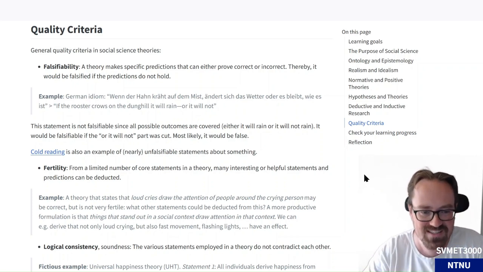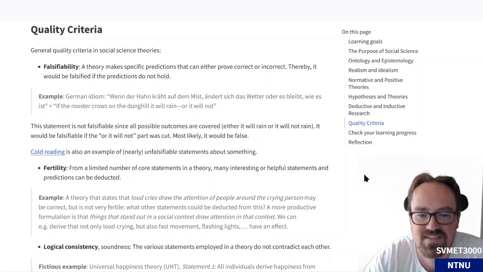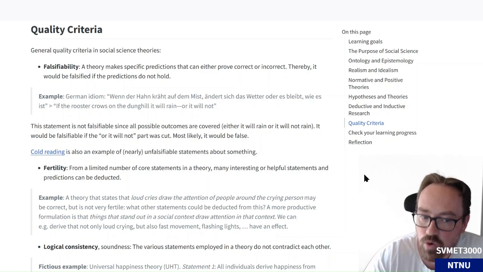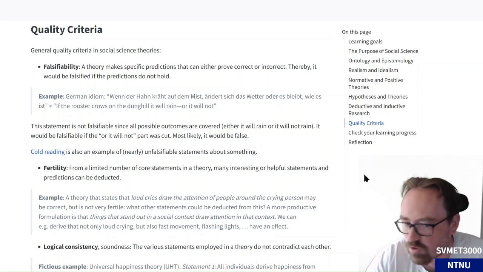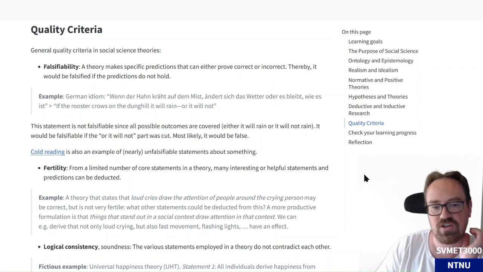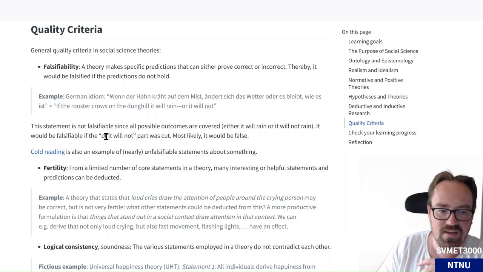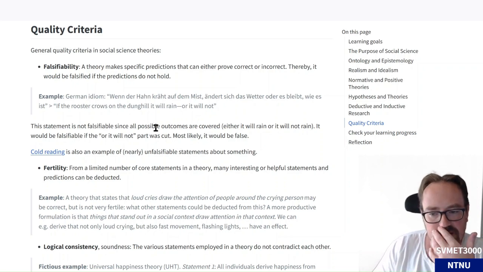You will easily recognize that it covers all possible predictions and so has no information value. We see the rooster crowing on the dunghill and still don't know if it will rain or not. Or if the rooster doesn't crow on the dunghill, it can also rain or it cannot. There's no information included in this statement whatsoever. All possible outcomes are covered.